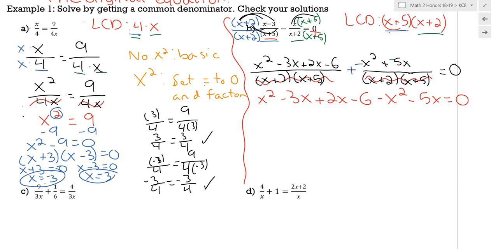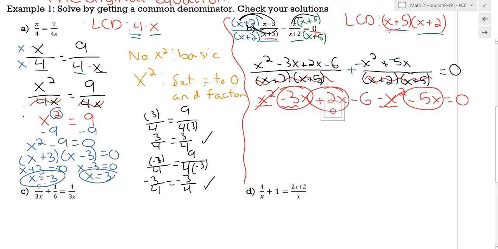Now that I've gotten rid of my denominator, I'm going to start combining my like terms, seeing what adds, seeing what I can do. So here, it's nice, I have x squared here, and a minus x squared here. Well, that's 0, so those go away. I have a negative 3x, a positive 2x, and a negative 5x.